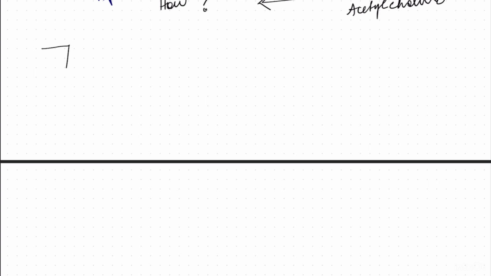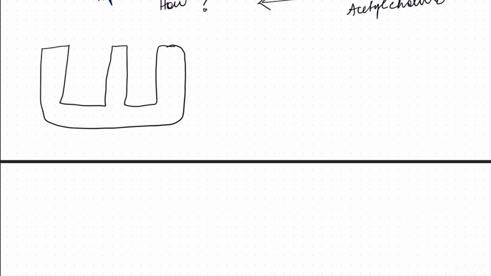Actually, this enzyme has two sites. One is the esteric site, which has enzymatic activity. Another one is the anionic site, which is negative in charge. When acetylcholine is released into the synapse, acetylcholine esterase takes acetylcholine and tries to break it.